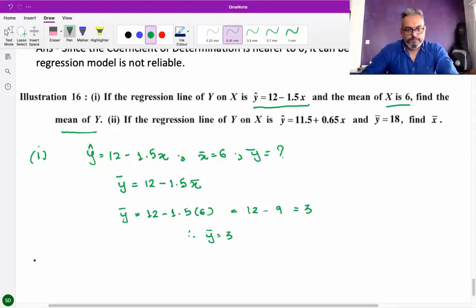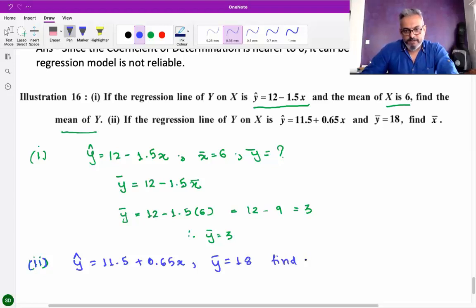Second one. If the regression line of y on x is y cap is equal to 11.5 plus 0.65x, y bar is equal to 18.